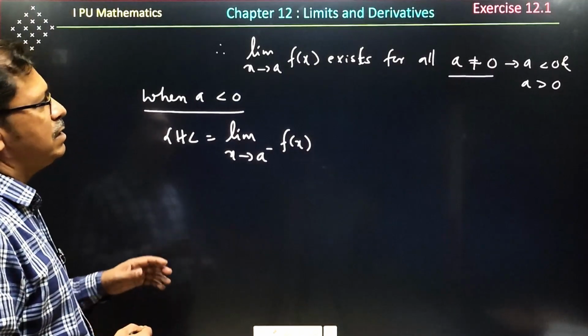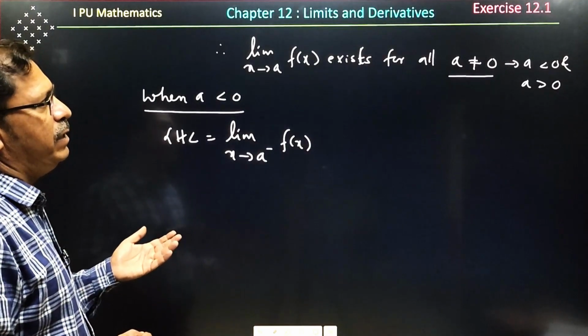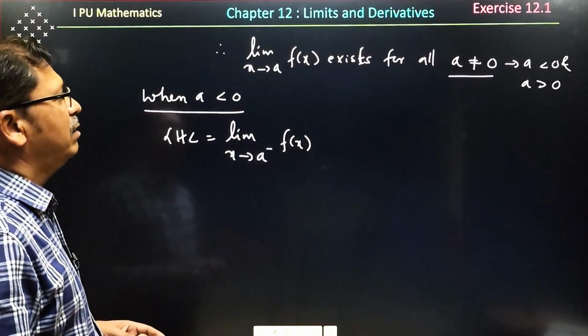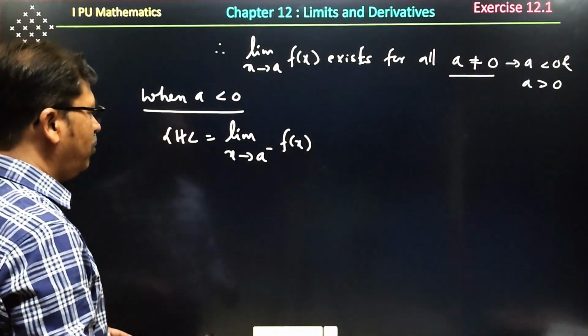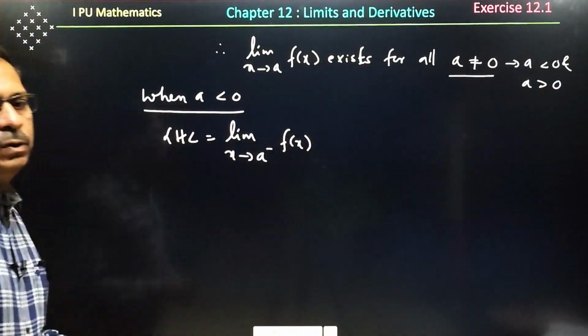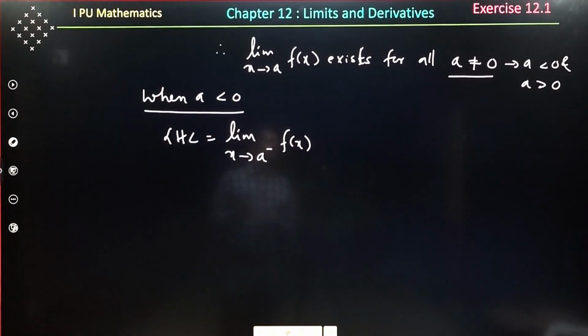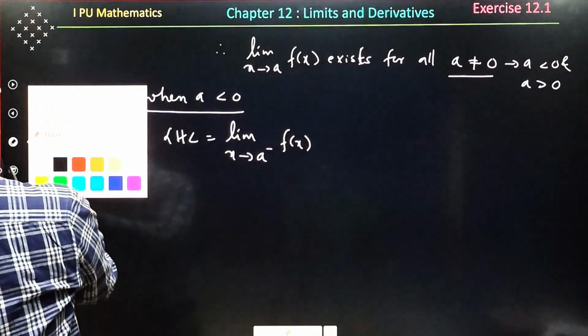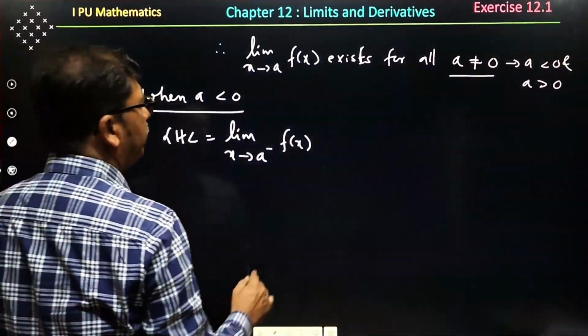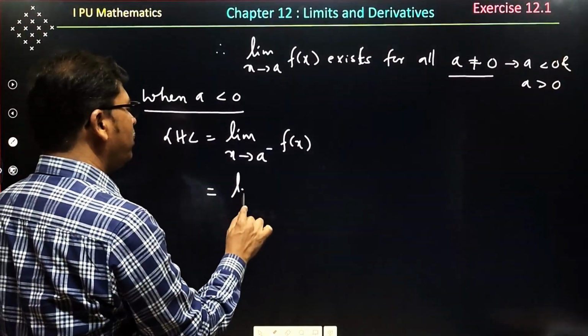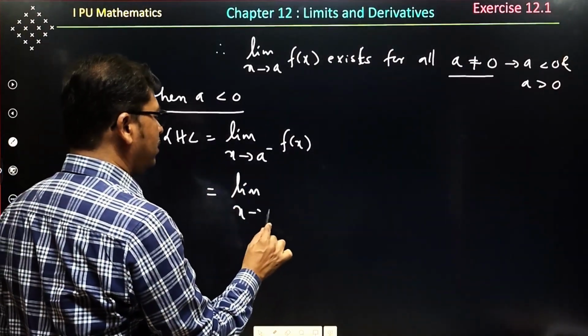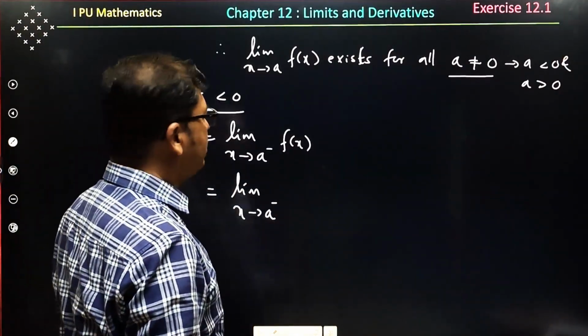a minus means x is less than a. When x is less than a, you take it in the neighborhood of a. When x tends to a minus, this is equal to limit x tends to a minus f(x) here. What to take for f(x) here?